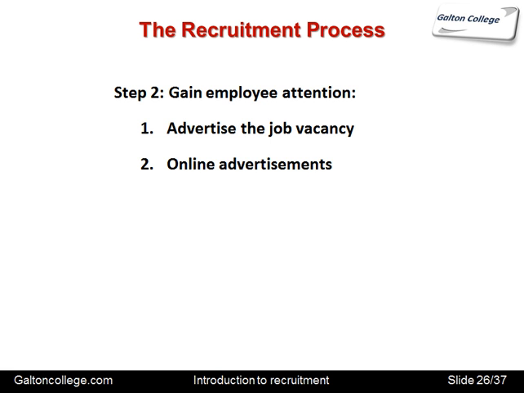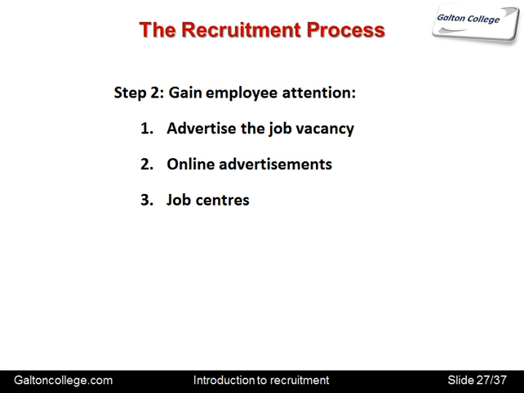For example, going to advertise with job agencies and going to traditional press outlets and or specialist magazines. So it could be online, or it could be through the more traditional outlets.